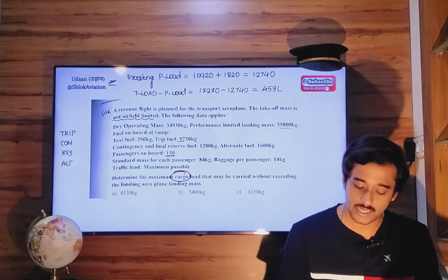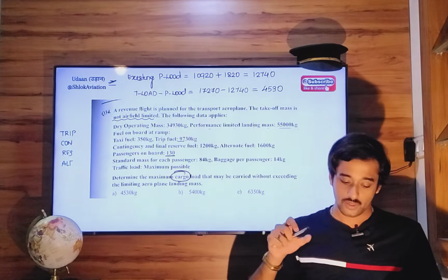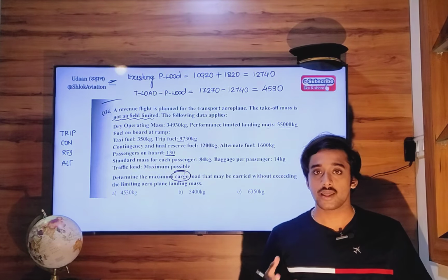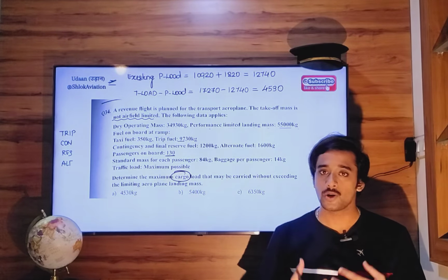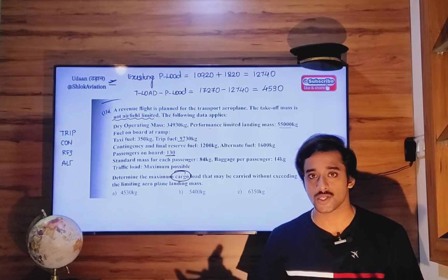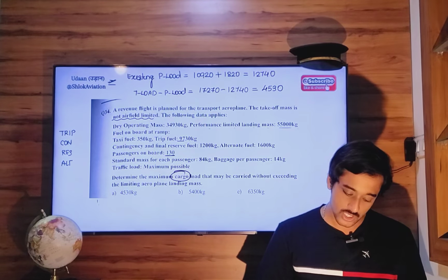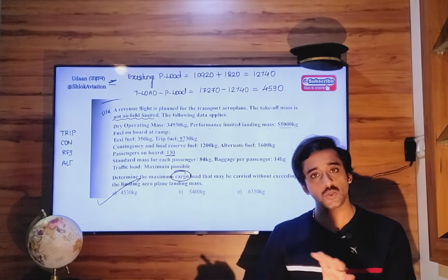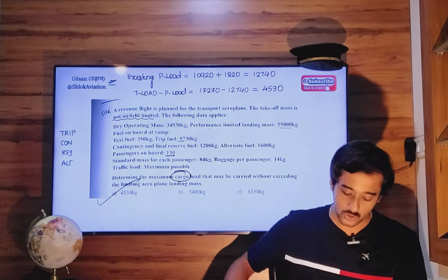That means there is extra space of 4,530 remaining, and we can use this extra space of 4,530 to load cargo in this aircraft. This cargo will generate revenue for the company: cargo, parcels, post, etc. So correct answer is option A. In the remaining space, we can load cargo.